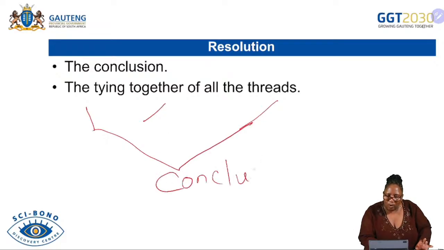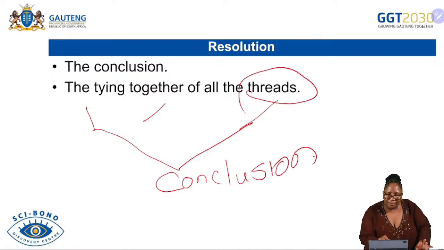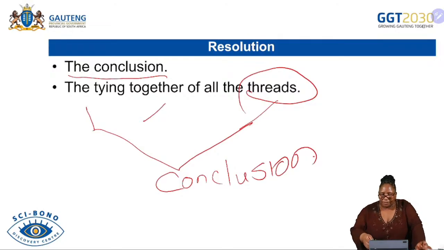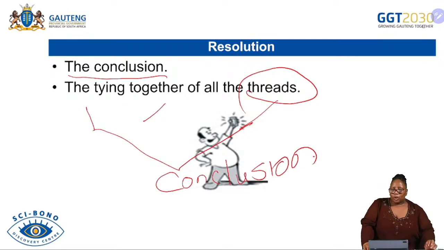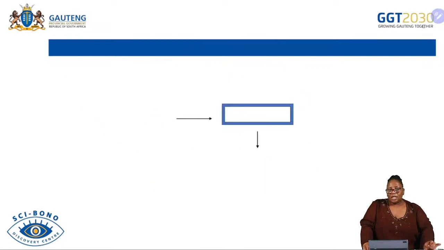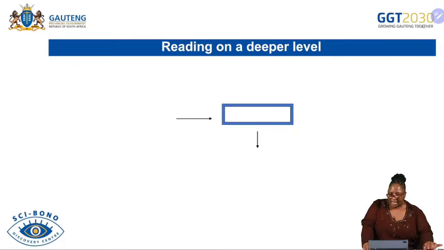We see all these threads coming together and we find our conclusion. There is peace, just relative peace for the Khumalos. So it is at that point that we find ourselves.